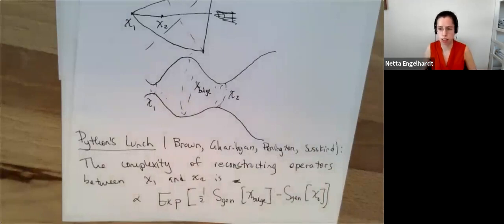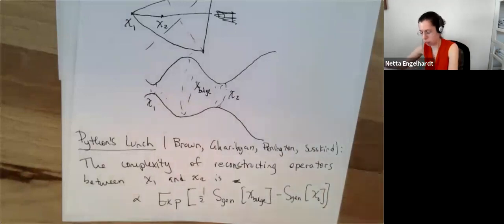So this is the Python's lunch conjecture, which tells you about reconstruction complexity.